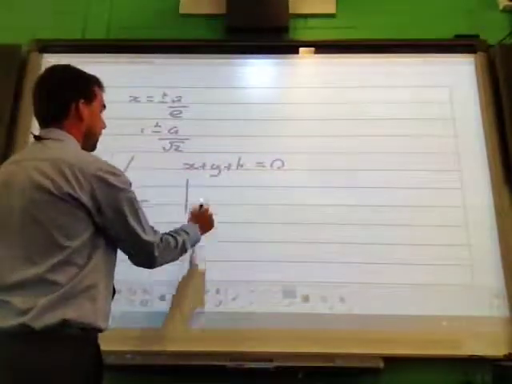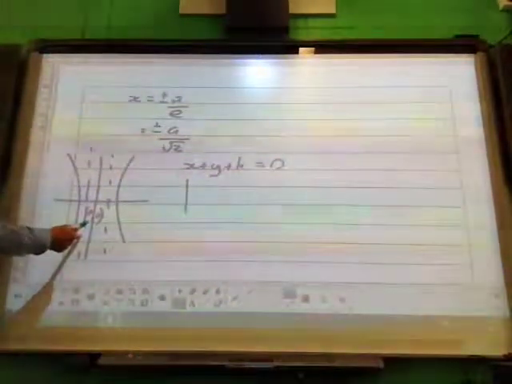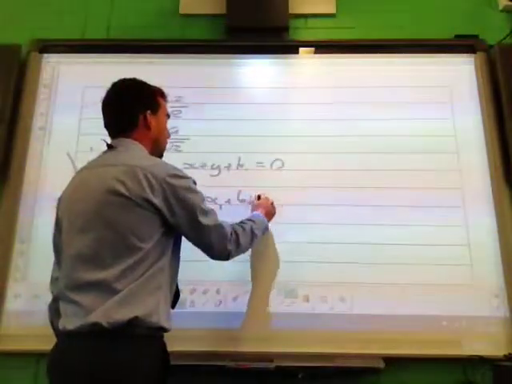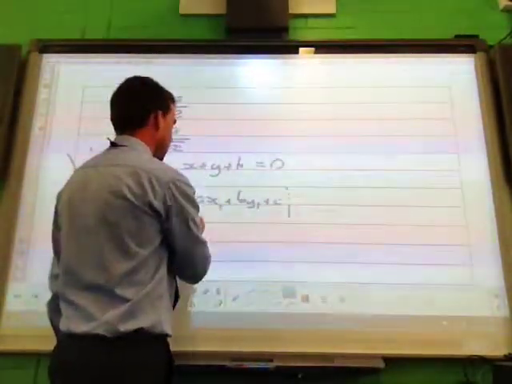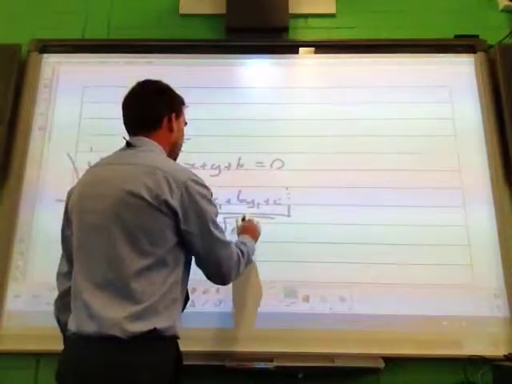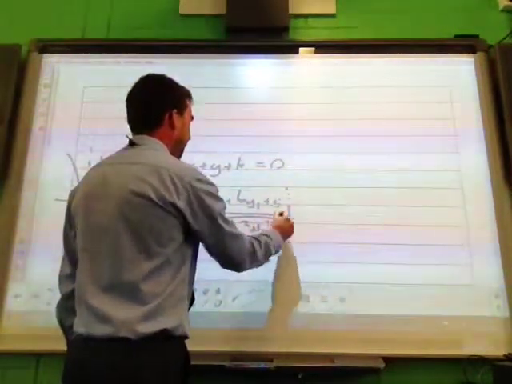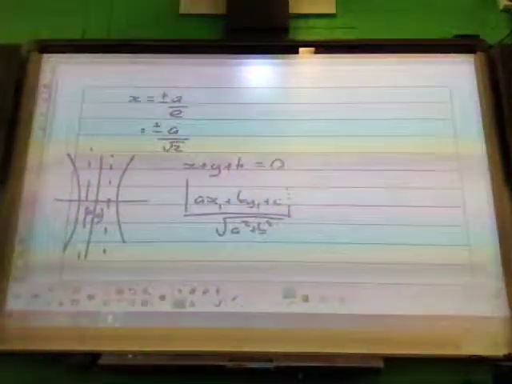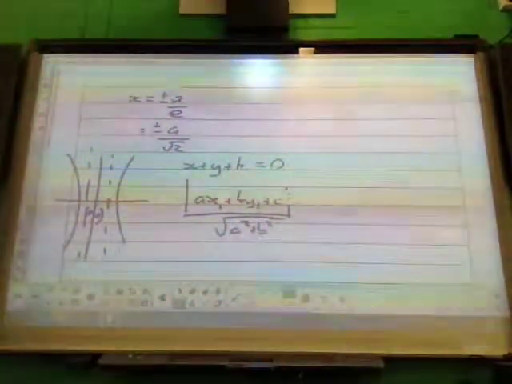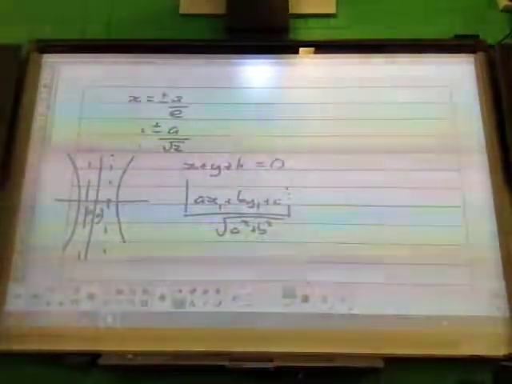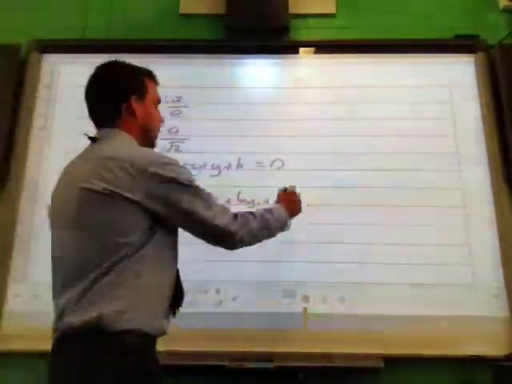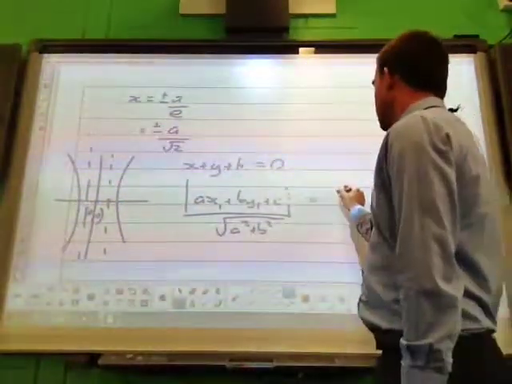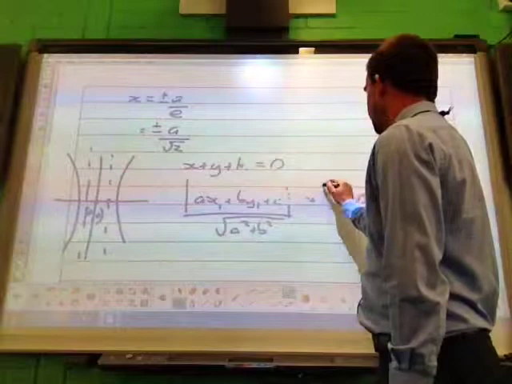Alright, so using the origin, I'll write down the formula ax1 plus by1 plus c over the square root of a squared plus b squared. Okay, so x1, y1 is the point, a, b and c are the coefficients in the equation there, in general form. Okay, now because x1, y1 are both zeros from the coordinate, it's going to be 0 plus 0.